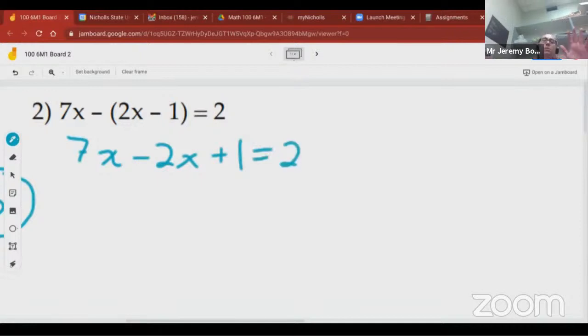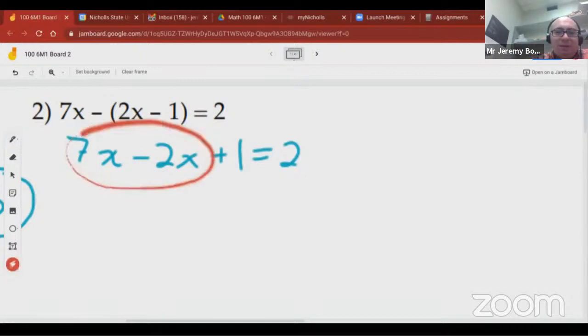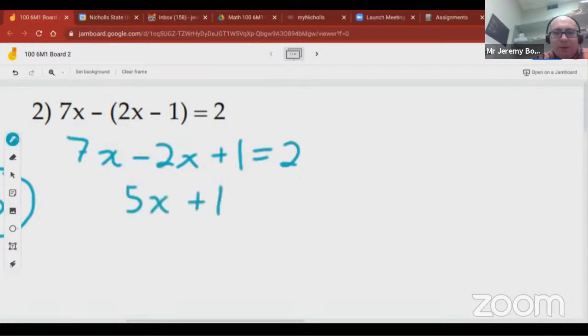And now on the left-hand side, we got some common terms, right? I can combine these. I got 7x minus 2x. That's going to yield, what, 5x? We're going to keep plus 1 for now. So 5x plus 1 is equal to 2. Get all the constants on one side.